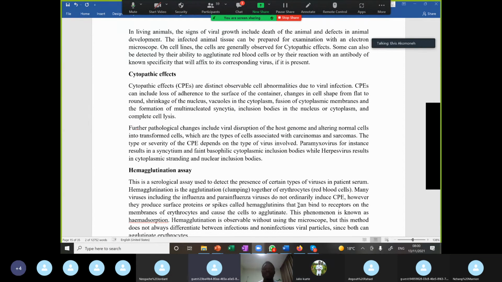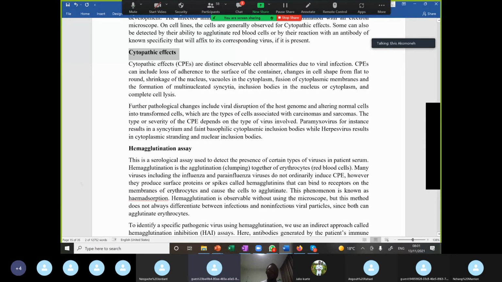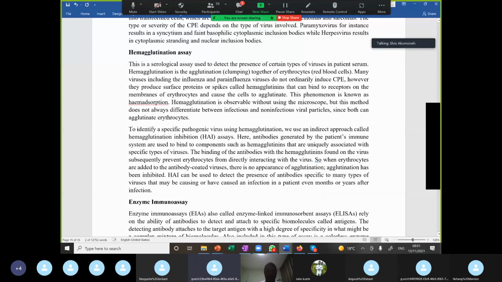For instance, some of these viruses could agglutinate red blood cells. So we'll be able to use hemagglutination assay to observe for signs of viral infectivity. The typical model used is what we call hemagglutination inhibition assay.